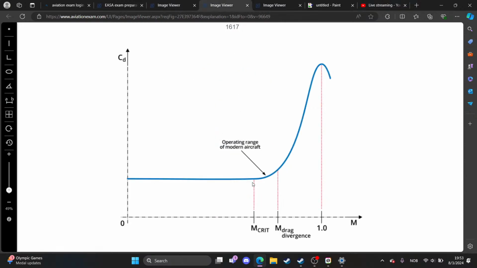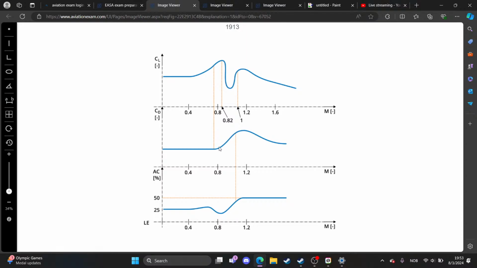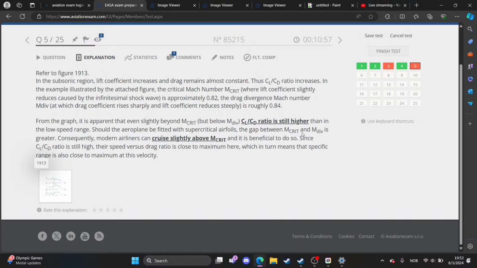That does not coincide with this picture, but whatever. Drag divergence Mach number, roughly 0.84.